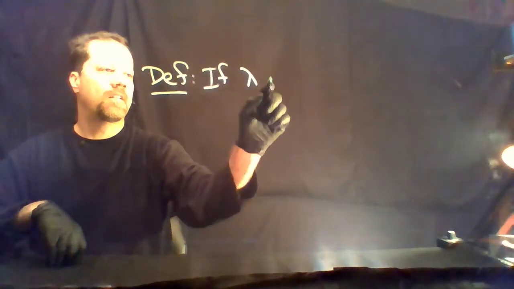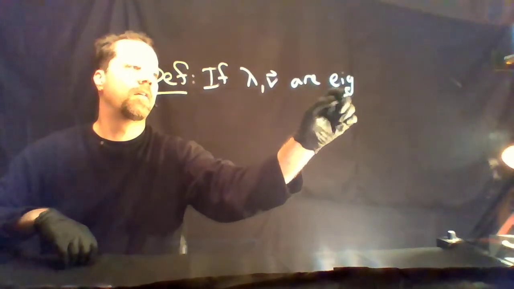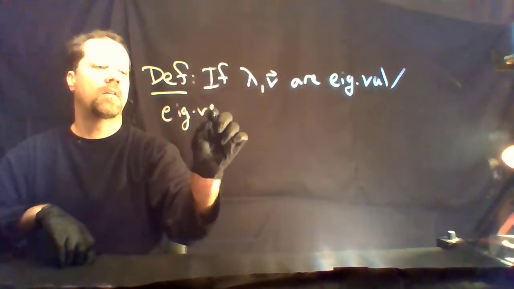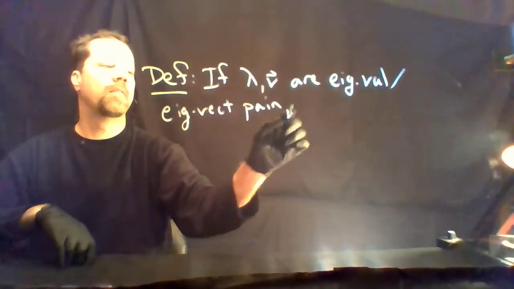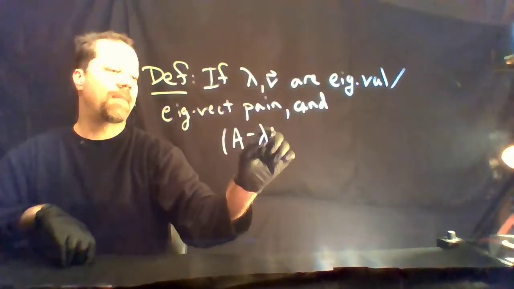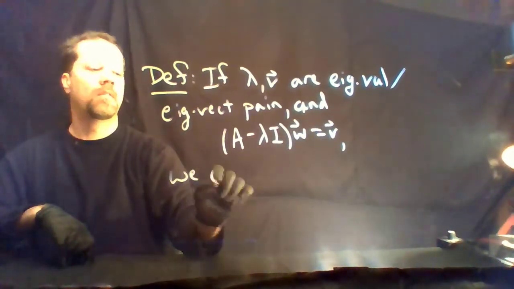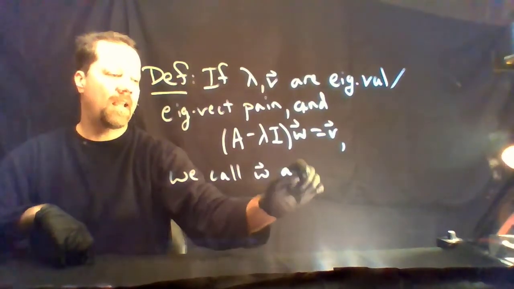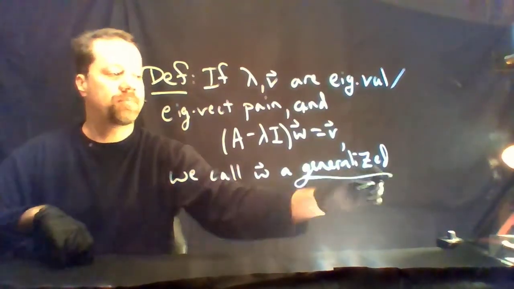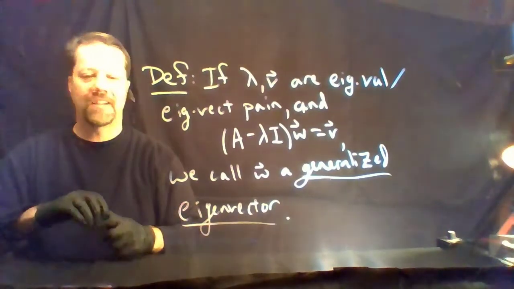If lambda and v are an eigenvalue, eigenvector pair, and (A minus lambda I) w equals v, we call w a generalized eigenvector.